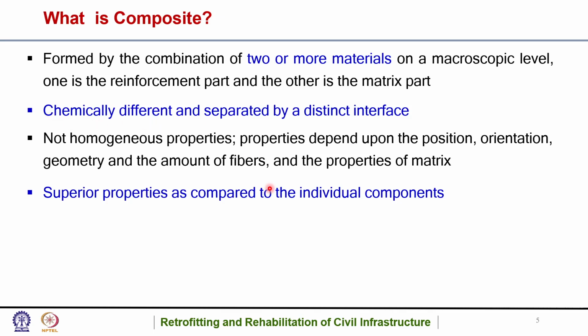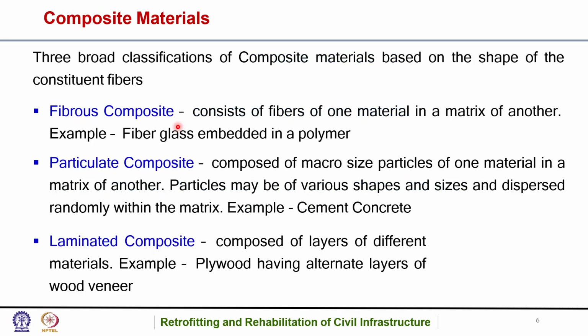They are chemically different and separated by a distinct interface, not homogeneous properties. Properties depend upon the position, orientation, geometry, and the amount of fibers and the properties of the matrix. As a group, they showcase superior properties when compared to the individual components.